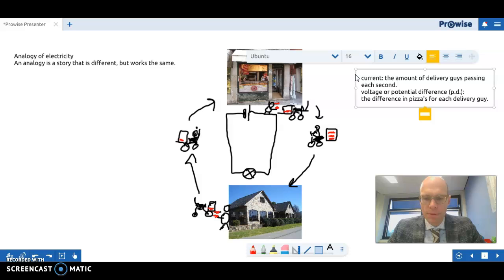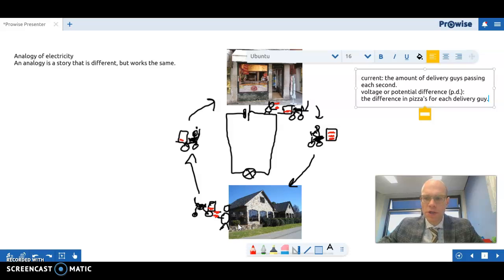Okay, and it is not how much pizza they have, but it could be the case that for some weird reason he has one pizza. When he goes back to the pizzeria and he gets two more, then the difference is two. So you have two pizzas as voltage over here, and then it gives two pizzas back over here, and then it's two again.